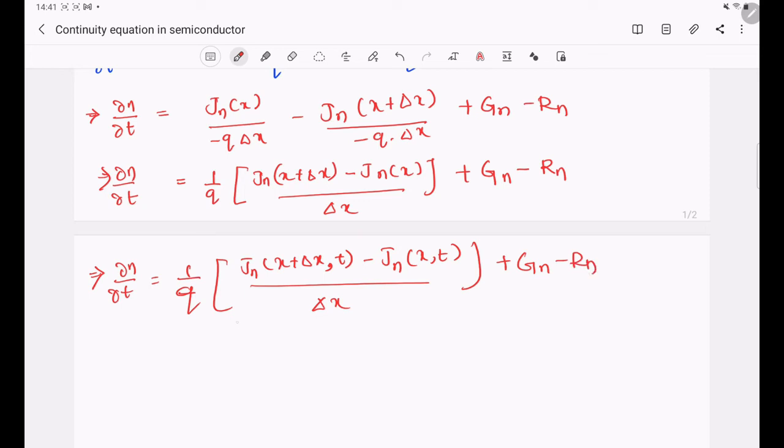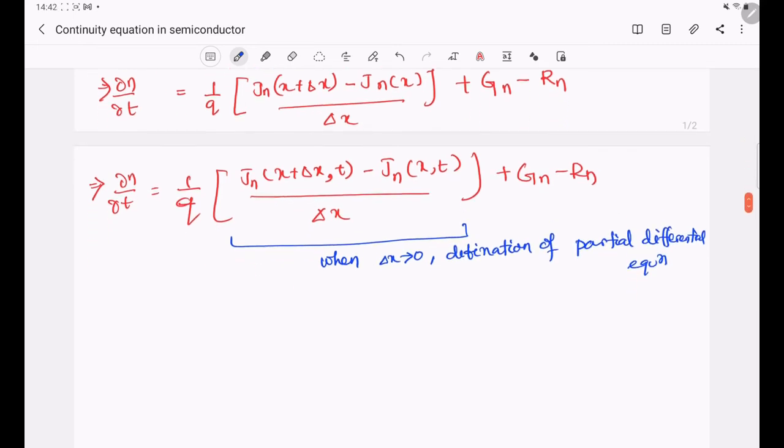Now if you see this term, this is the definition of partial differential equation. Here del x tends to 0 because we have considered a very small volume in that semiconductor material. So when del x tends to 0, this part satisfies the definition of partial derivative.